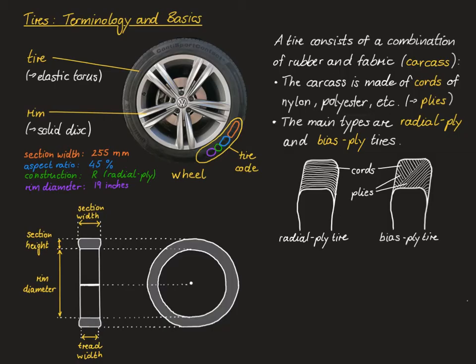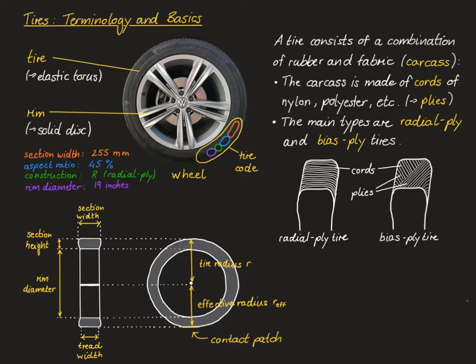Another important dimension of the tire is the tread width, which is obviously the width with which the tire touches the ground. Looking at this a little further from the sidewards perspective, the tire does not touch the ground in just a single point, but there's a whole contact area between the tire and the road, and this area is called the contact patch.